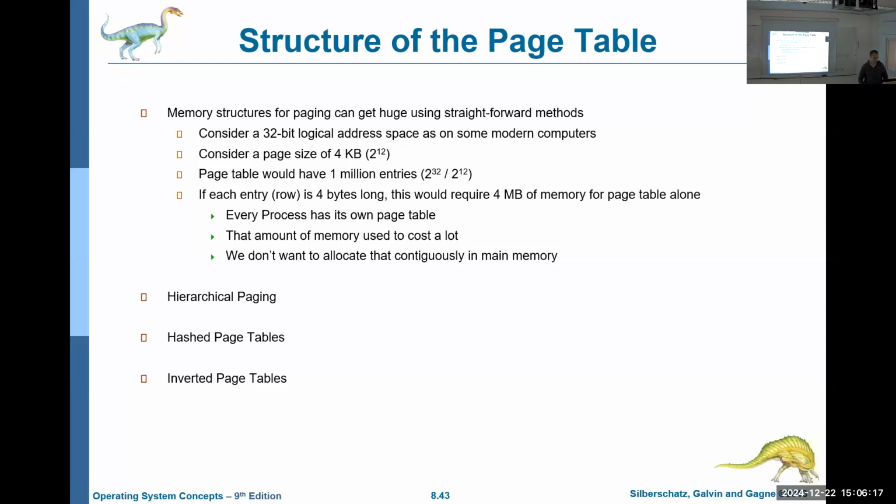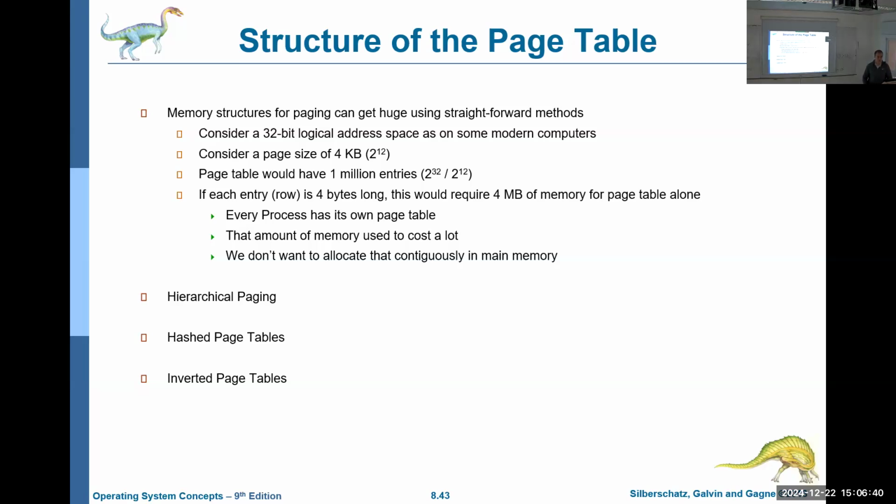Okay, so I love questions like this, because they're just math. A 4 kilobyte page. So that's 2 to the 12th, right? Because 2 to the 10th is 1 kilobyte, 2 to the 10th bytes. The number 2 to the 10 is 1,024.